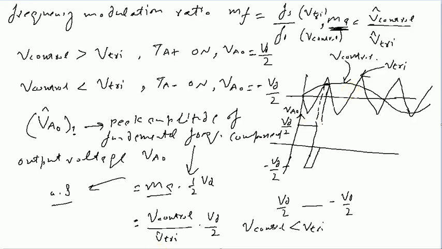So if we want to write our control signal more appropriately, we can write it in this form. This is of course the amplitude.